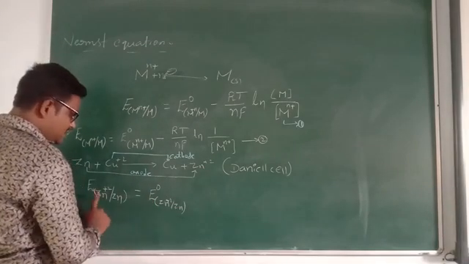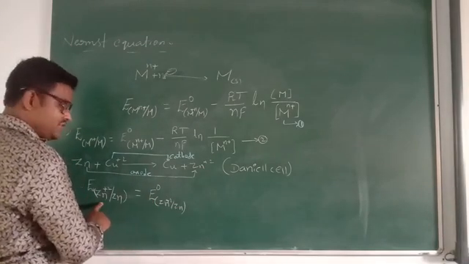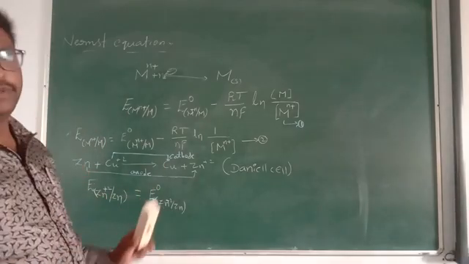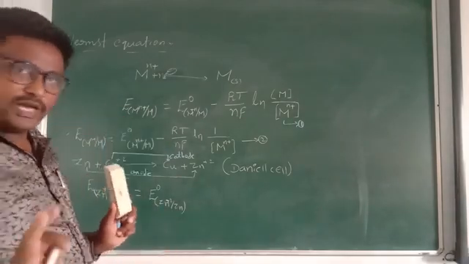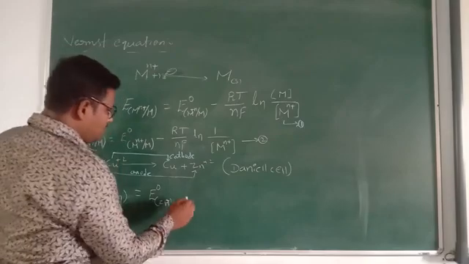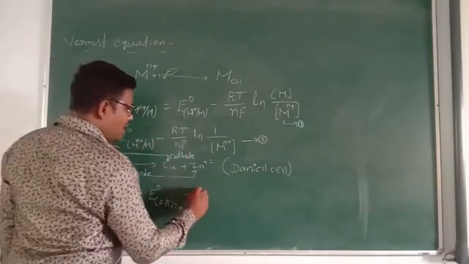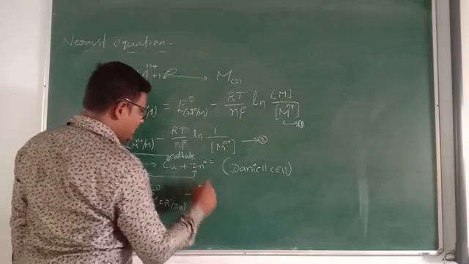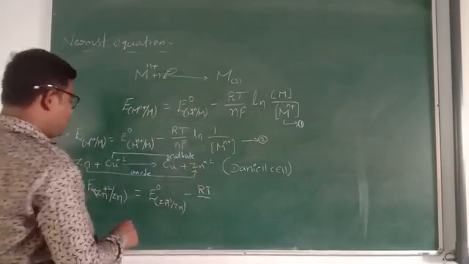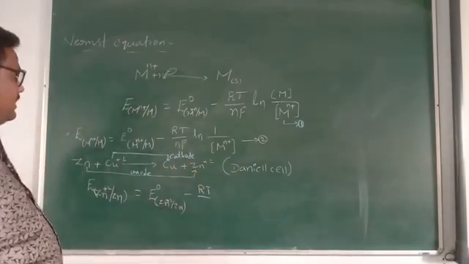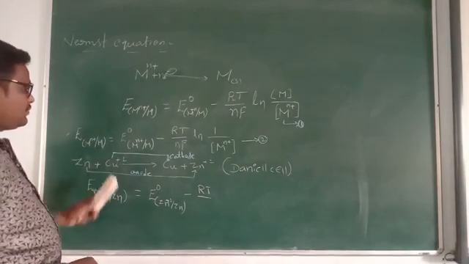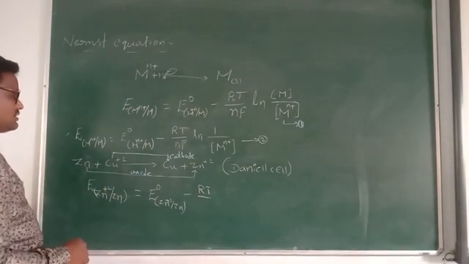The concentration may be less than 1 or greater than 1. Applying this equation, minus RT by n, where n is the number of electrons lost or gained. Here in this equation, how many electrons are being lost or gained?